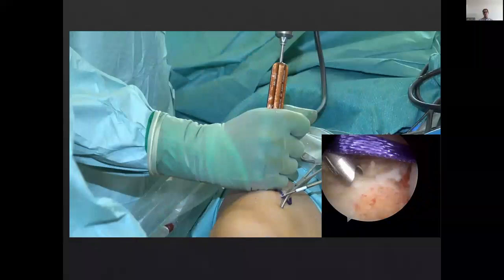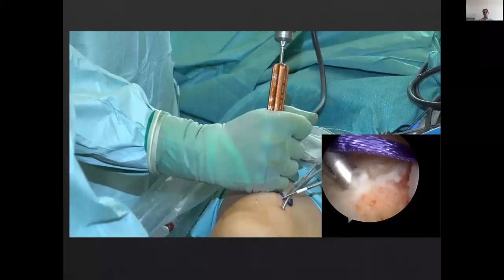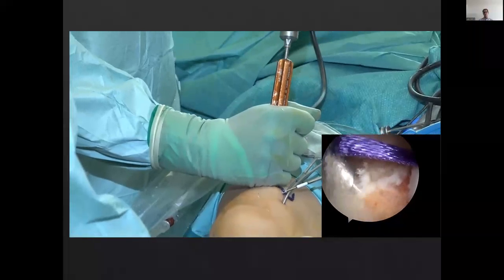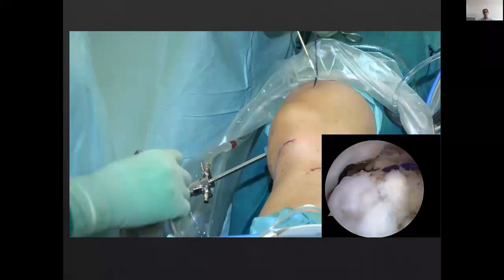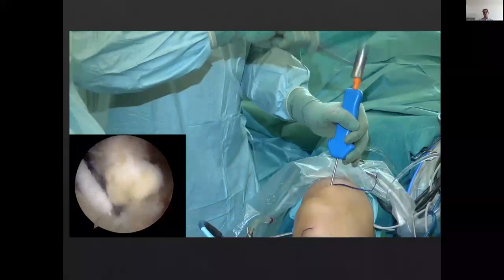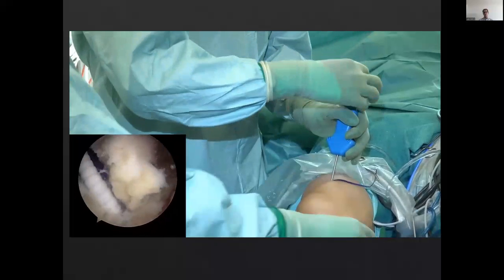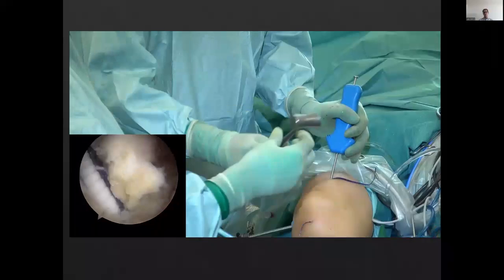In this case I only use 2 anchors. So now the cartilage flake is reinserted.